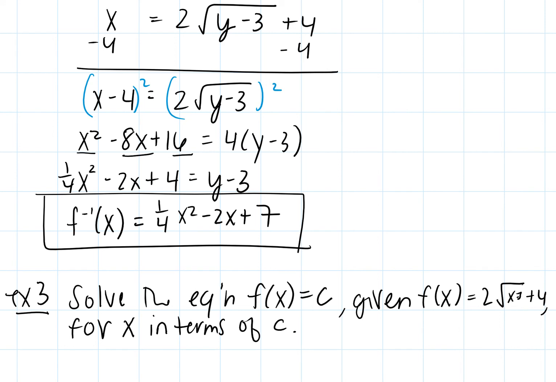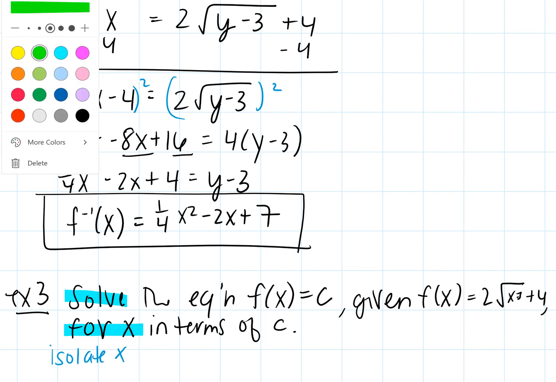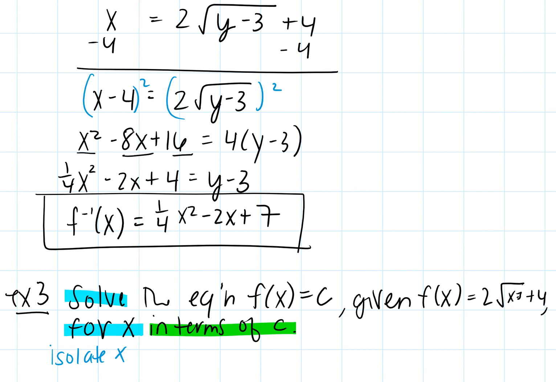Now, you've seen this before, solve for x. Solve for x means that your goal is to isolate x. But this might be a little bit different. Solve for x in terms of c. In terms of c means you'll probably have c's in your answer.